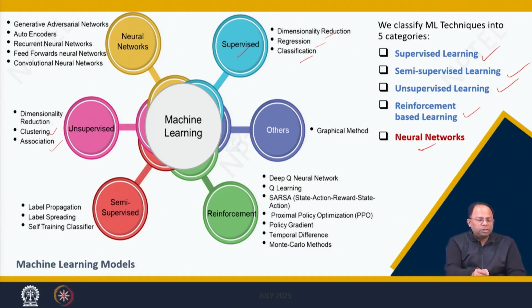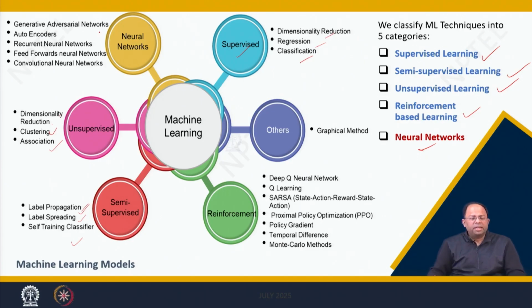Then in semi-supervised models, as I told, only a partial part of the data set is labeled. And here there are some models like label propagation, label spreading, self-training classifiers, which we will discuss in detail further. And then come the neural networks. There are different broad groups under that, such as autoencoders, where both input and output are encoded.